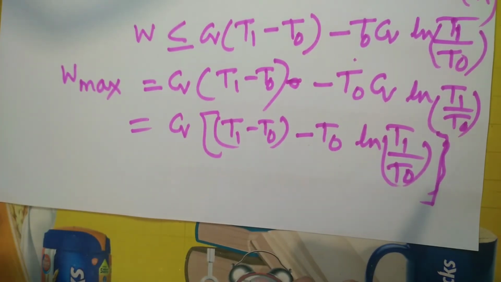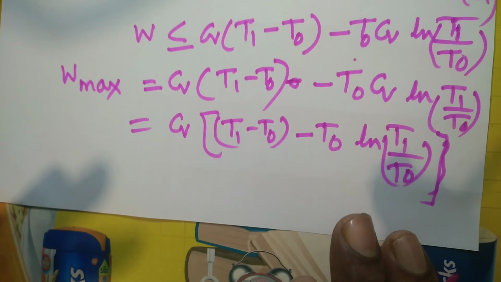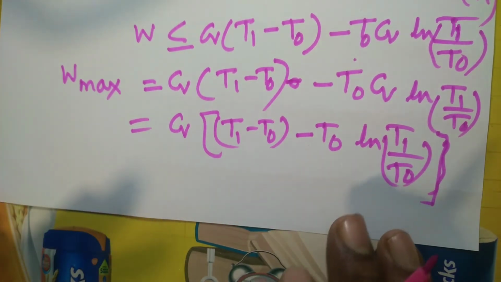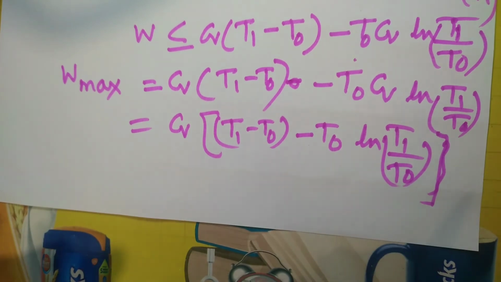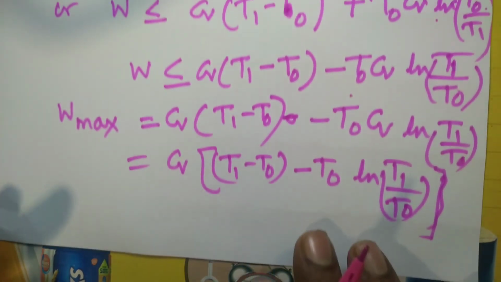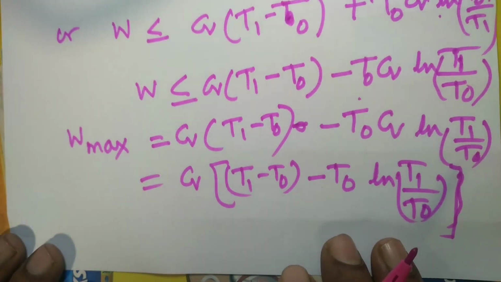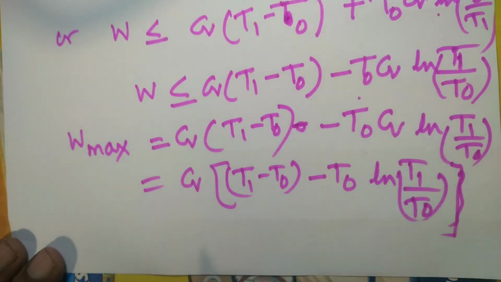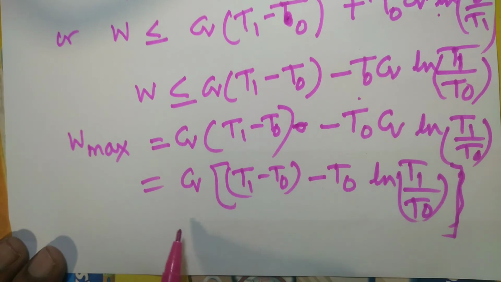So that means when all the processes on which this system operates are reversible, then only the maximum work is obtainable. Otherwise, in any natural process or in any irreversible processes, work obtained will be less than this much.